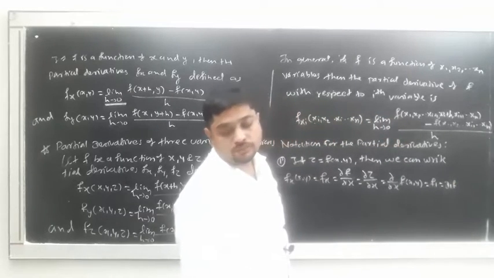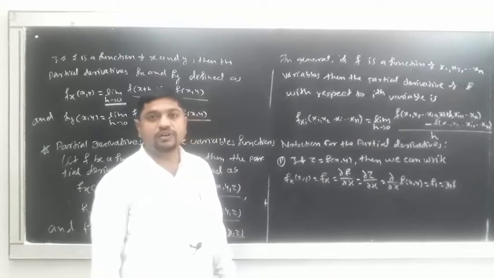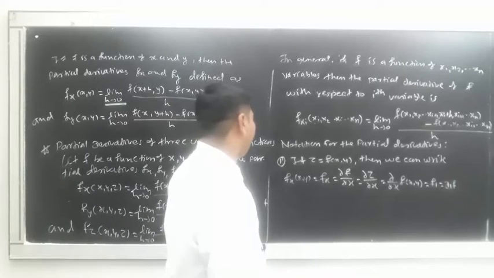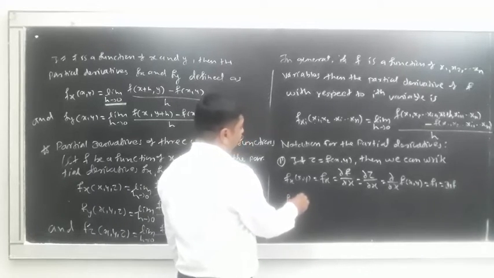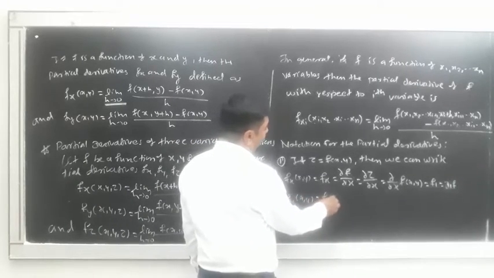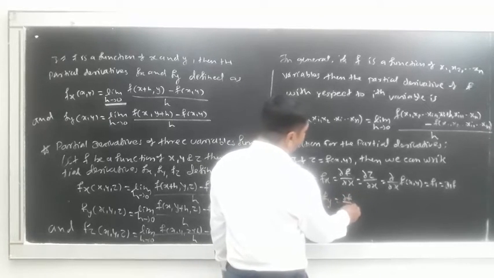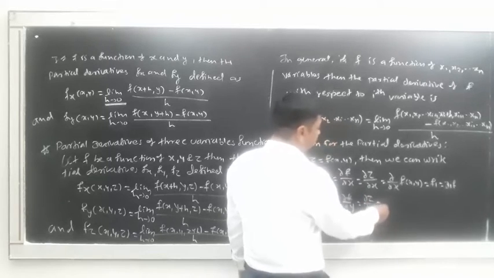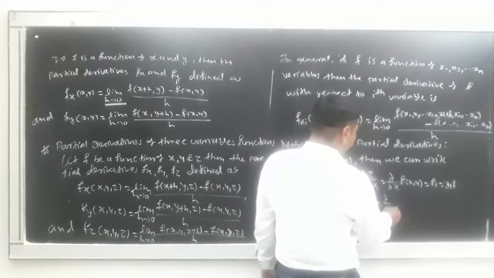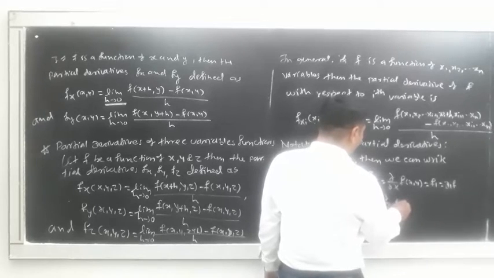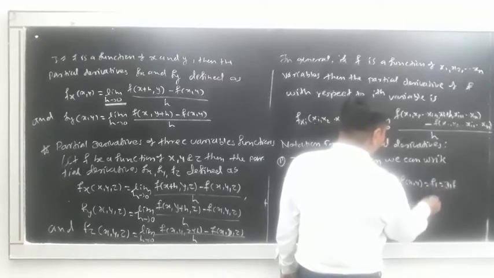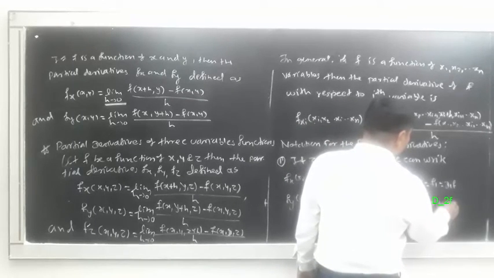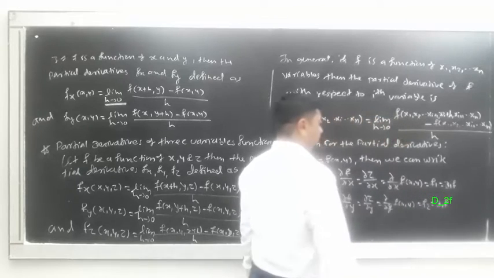There are so many ways of denoting the partial derivative. Similarly, f_y(x, y) is ∂f/∂y, ∂z/∂y, ∂/∂y f(x, y), f2, or D2 f.